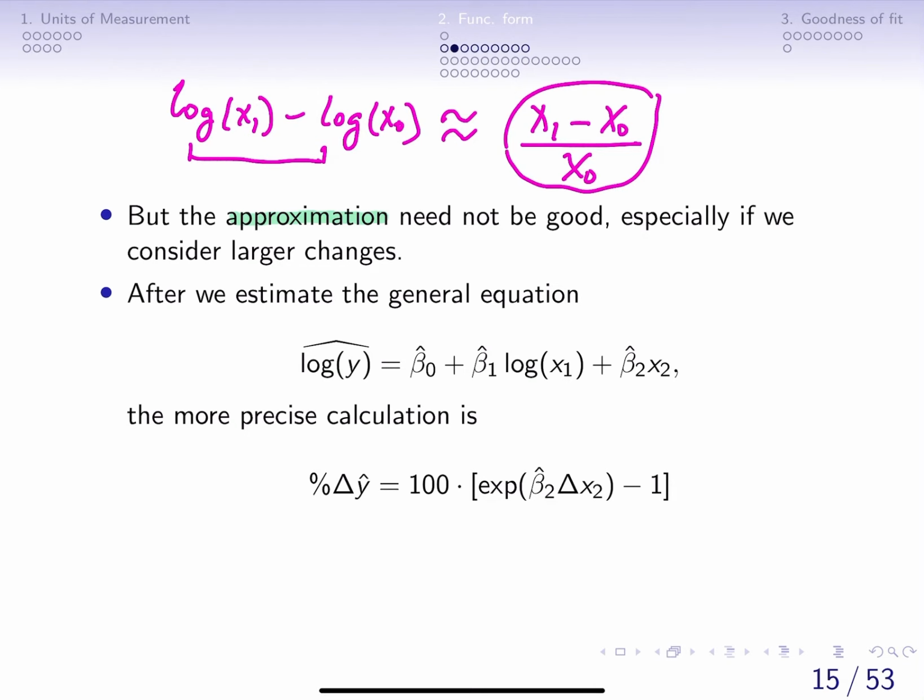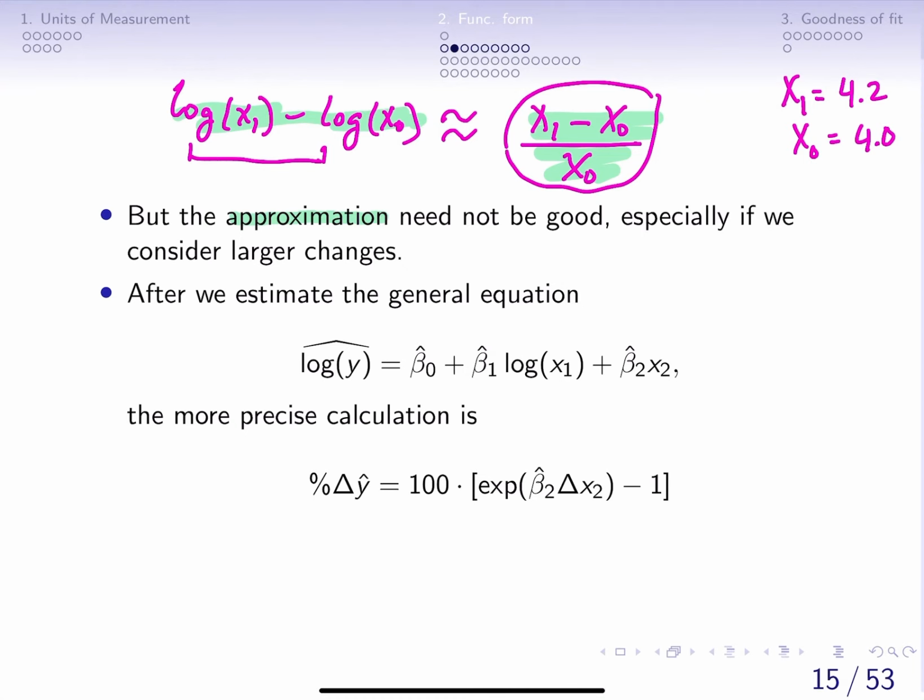Now we can take an example and see that this left hand side might be an approximation, and this right hand side is actually measuring the accurate response. So let's think about if x1 was 4.2 and x naught was 4.